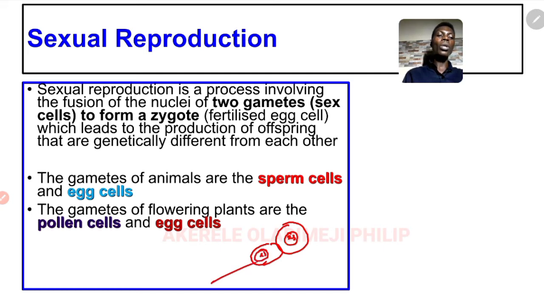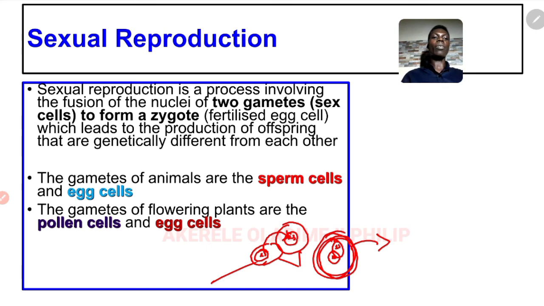So what happens is these two of them form something that looks like this afterwards. The two nuclei will then fuse. So that's actually fertilization. I use the word fertilized egg here, because the nucleus of the sperm cell moves into that of the egg cell to fuse in it. So this will become the zygote that will then develop to form the offspring, as it were.